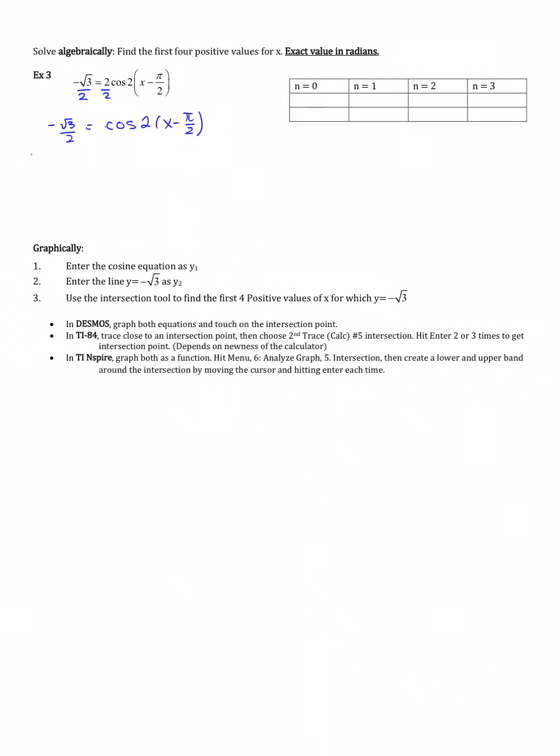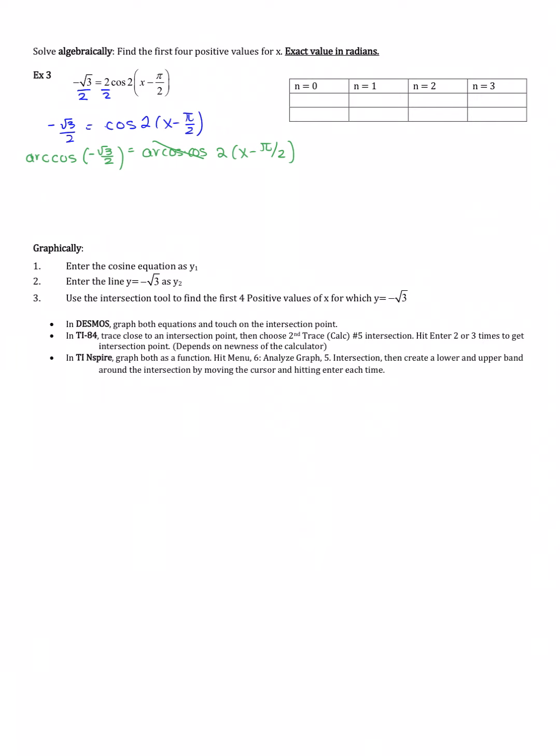I tend to just write inverse cosine, but I should emphasize what we're really doing. We're taking the arc cosine of negative rad 3 over 2. And again, when you take the arc cosine of both sides, these are going to cancel, but I'll just show what I'm doing.